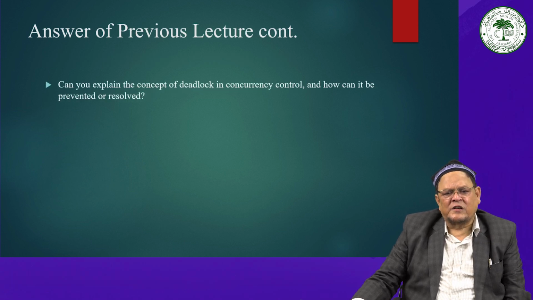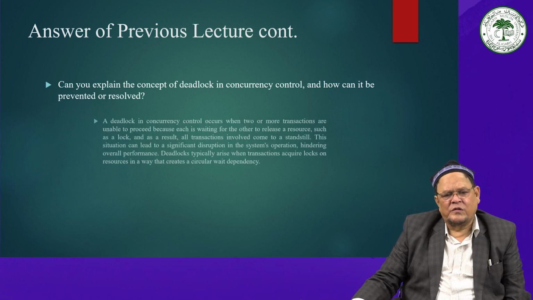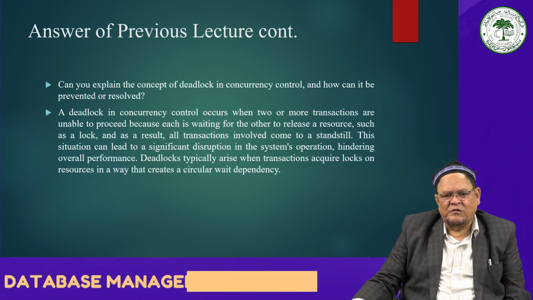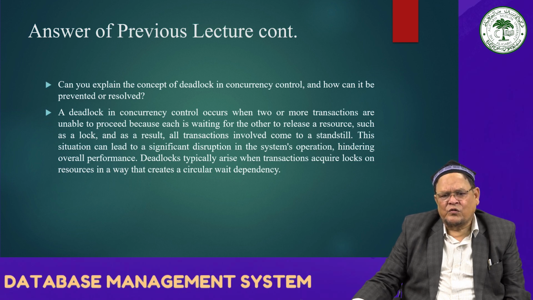Can you explain the concept of deadlock in concurrency control and how it can be prevented or resolved? The answer is, a deadlock in concurrency control occurs when two or more transactions are unable to proceed because each is waiting for the other to release a resource, such as a lock, and as a result, all transactions involved come to a standstill.